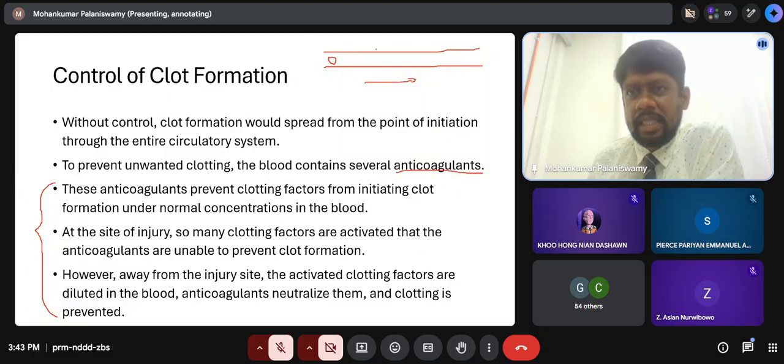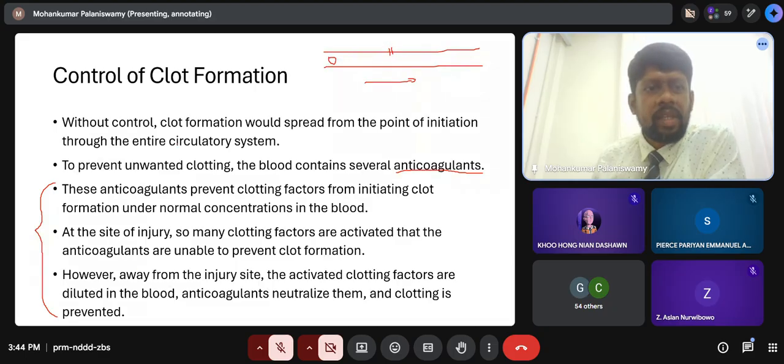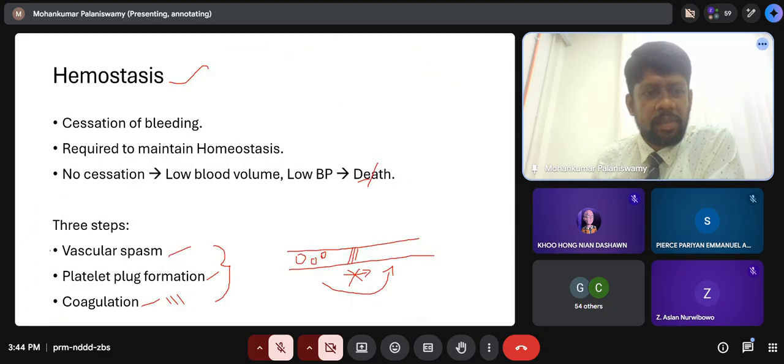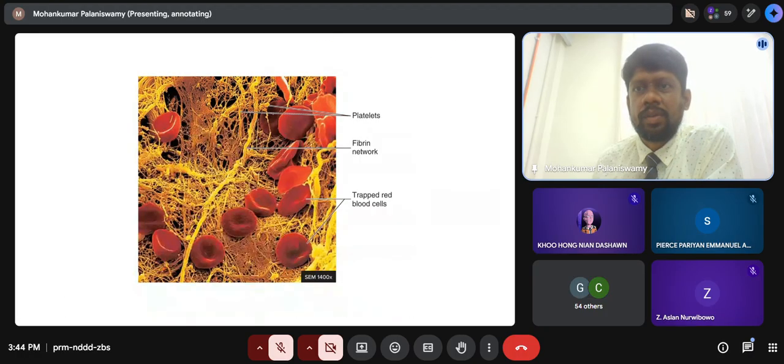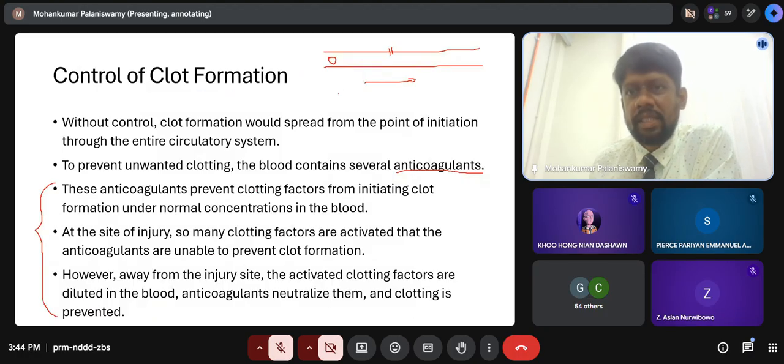Those things are also present in the blood. So imagine there is a small cut over here, right? Once there is a cut, these three steps immediately happen over there: vascular spasm, platelet plug formation, coagulation. So this blood vessel somewhat becomes like this.